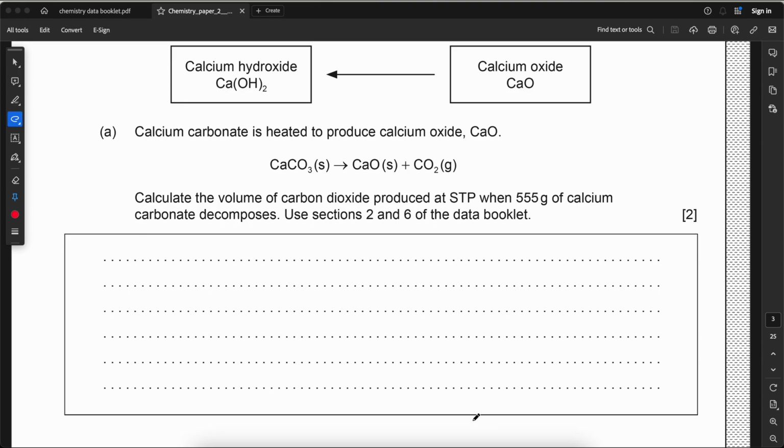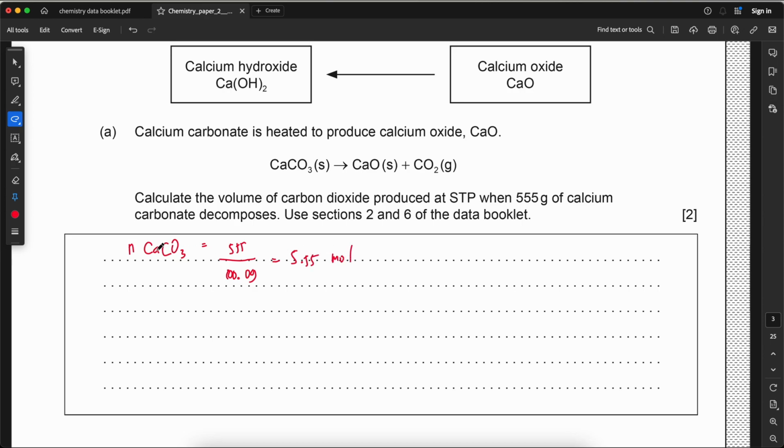Calculate the volume of carbon dioxide produced at STP when 555 gram of calcium carbonate decomposes. To find that, first we need to find the moles of calcium carbonate, which is 555 gram mass over molar mass, which is 5.55 mole.